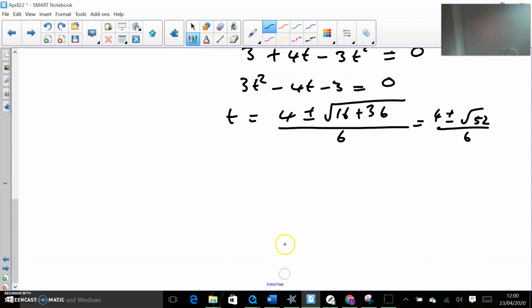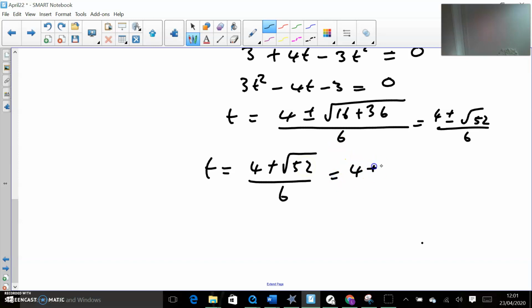And the square root of 52 is obviously slightly over 7, since 7 squared is 49. So t is positive, so we have t is 4 plus root 52 over 6. 52 is 4 times 13.